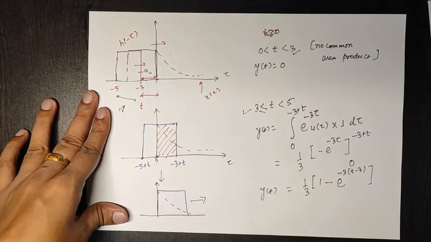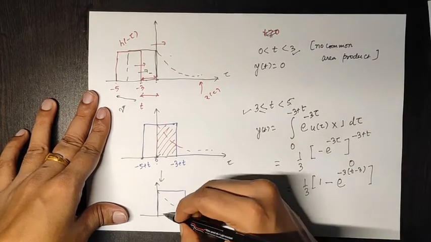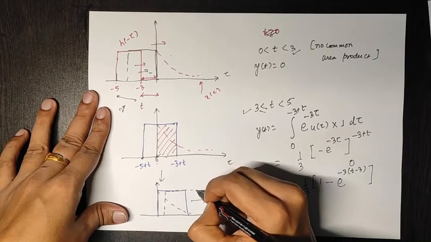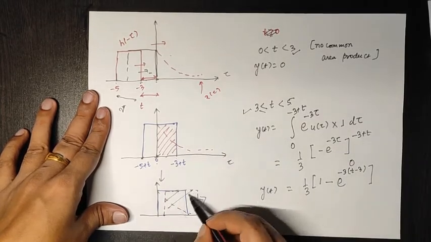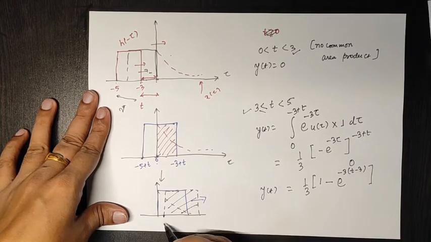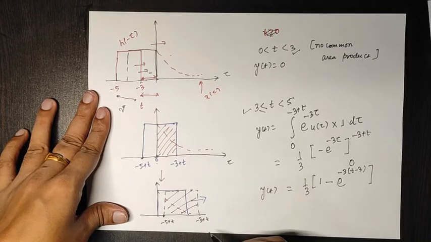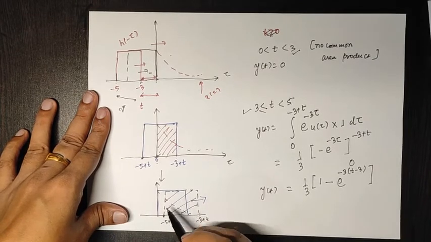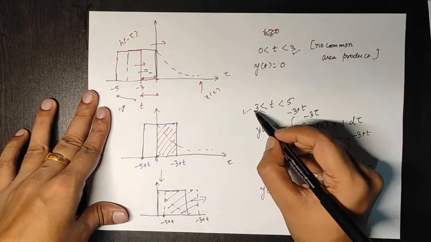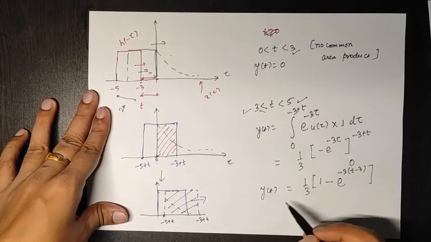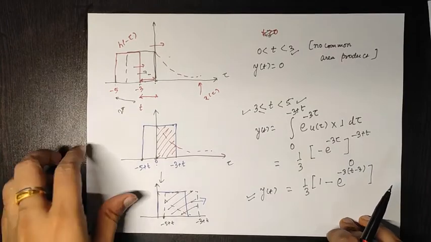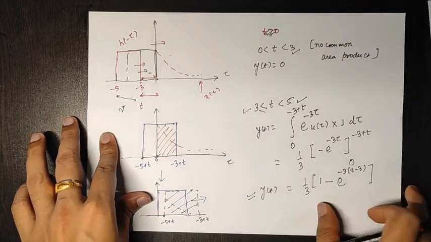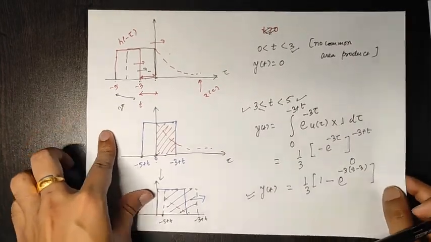If we shift it furthermore, then the new common area will be this, and the interval will be -5 plus t to -3 plus t. So till here, this is the equation of y(t). Let us shift furthermore.